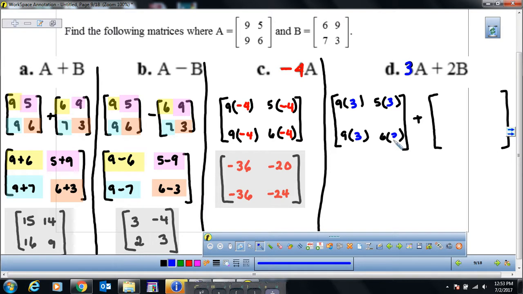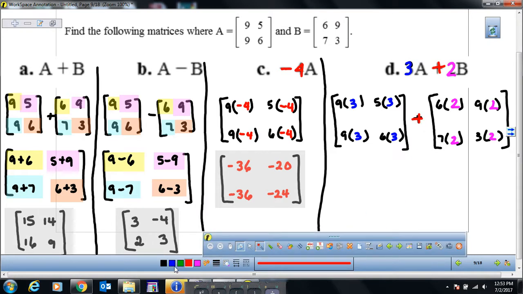Then you are going to multiply everything in matrix B by a 2. So that's what the 2B means. Multiply everything in matrix B by a 2. And last, we are going to add those two matrices.